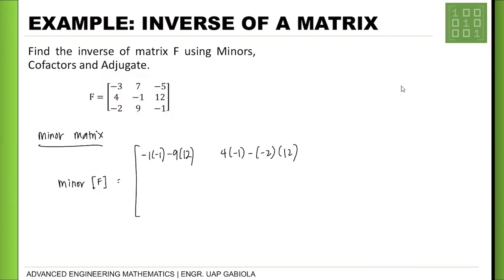Okay? Next, to, eliminate to. So, meron na to. So, 4 times 9 minus negative 2, negative 1. Okay? And then, i-kompletuhin lang natin lahat nung nakalagay sa atin.